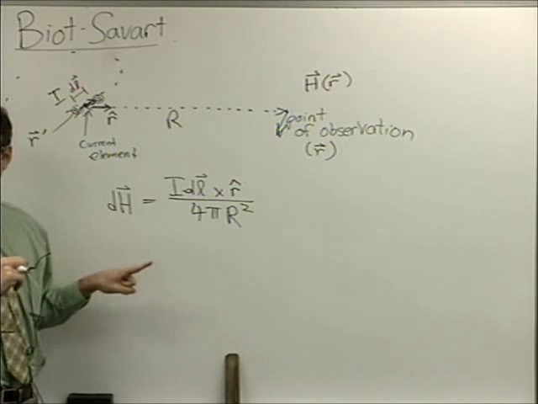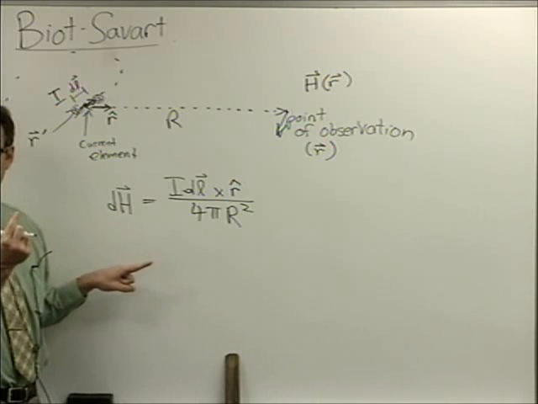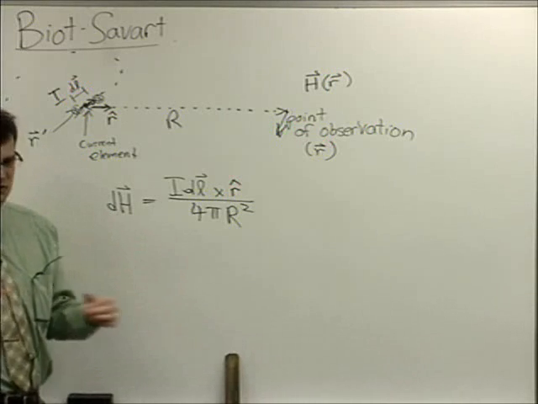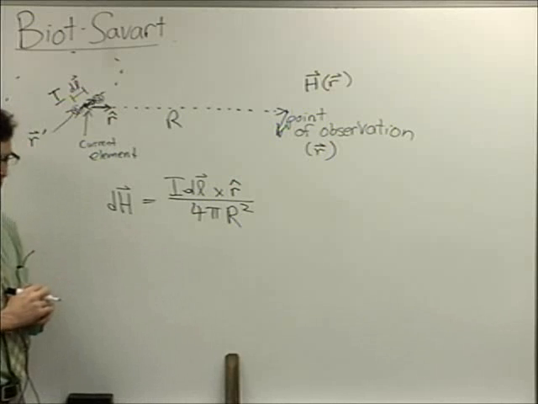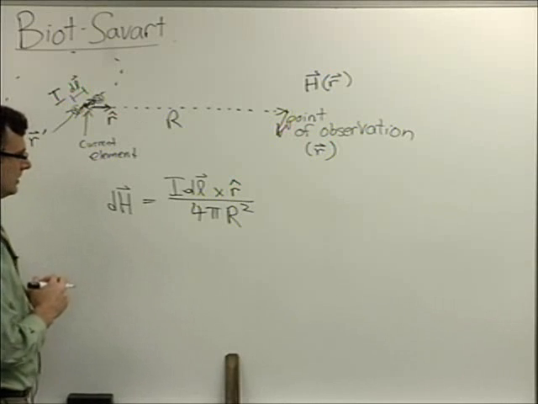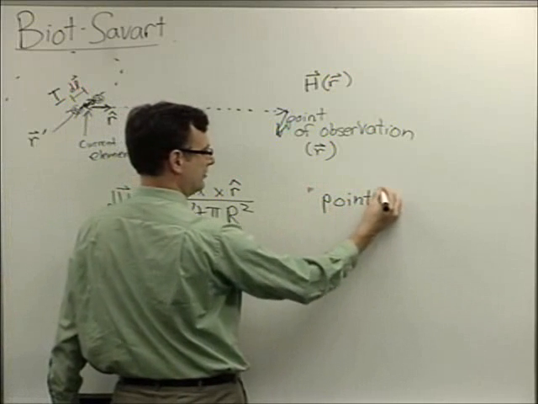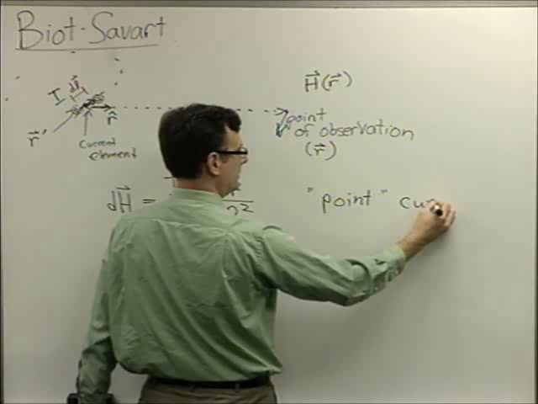There's no such thing as a hunk of disembodied magnetostatic current. There is such a thing as a point charge, though. So we don't do that for Coulomb's law. So you can call this a point current relationship, so to speak.